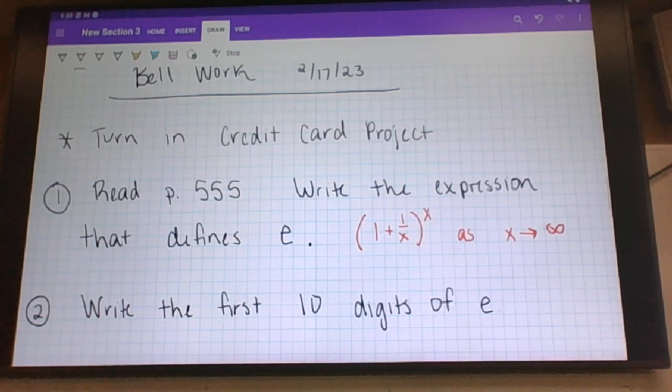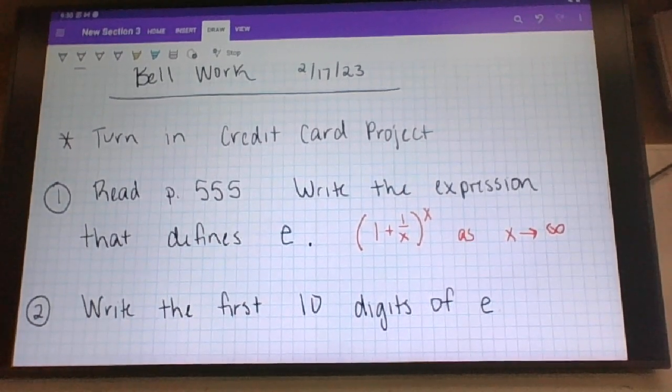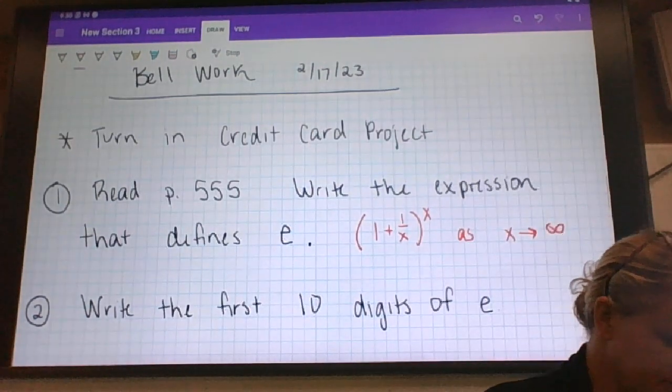Is it 2 point something? That's it. How do you do that? Oh no, you want a lowercase e. Find the lowercase e, not the uppercase e. They're two different things.